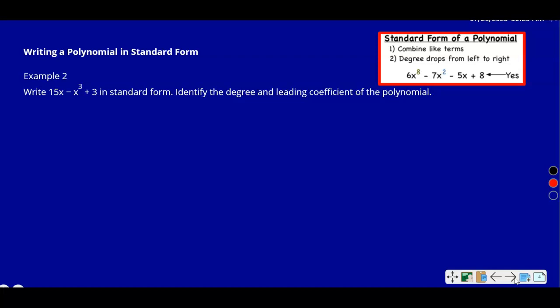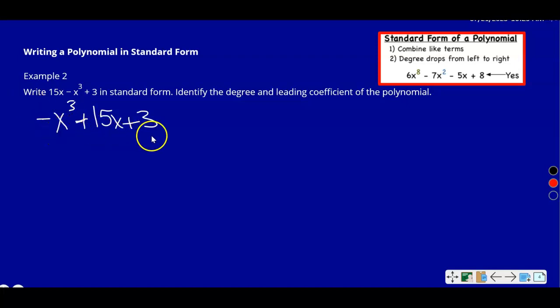So your greatest exponent would be 3. So you're going to put that term first, negative x cubed. And then you put your exponents in descending order. So negative x cubed plus 15x plus 3. So to write this in standard form, this is how it would look.